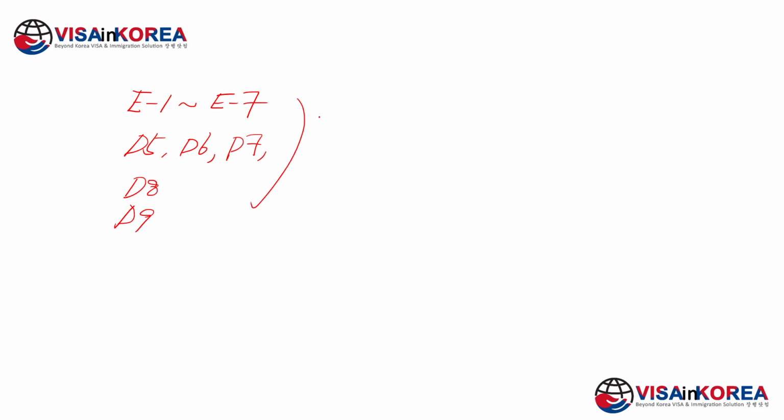As you know, if you have an E1 to E7 visa or D5, D6, D7, D8, D9 visa, and you meet certain requirements, you can change it to the F-2-99 long-term residency visa.